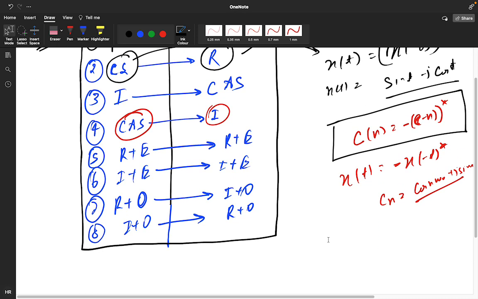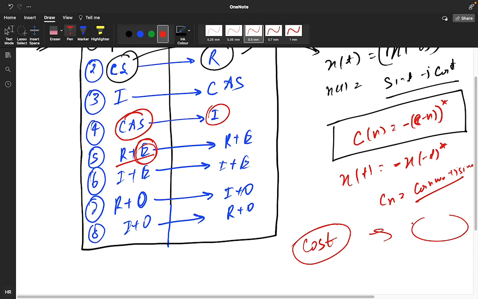And if you have a real plus even signal, suppose the signal is cos t, so cos t is real and also even. So in the Cn part also you will get the even signal.